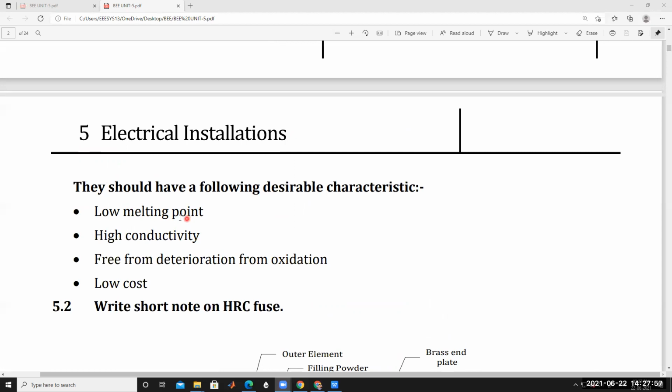So, high specific resistance, low melting point, high conductivity, free from deterioration due to oxidation, and low cost. These are the desirable characteristics of a fuse.